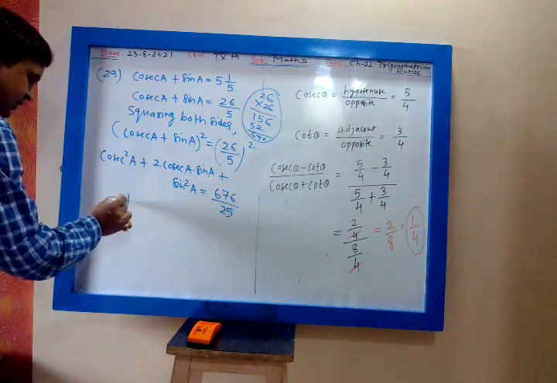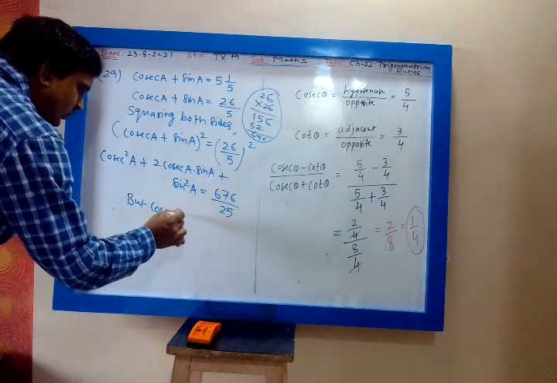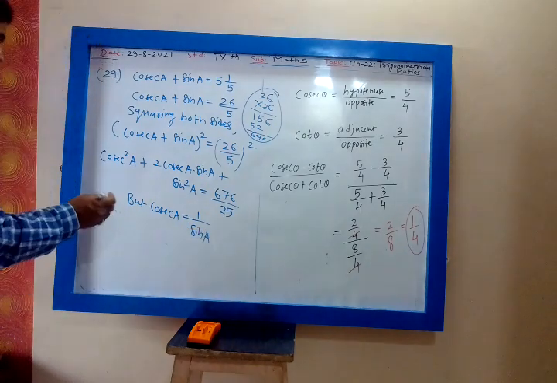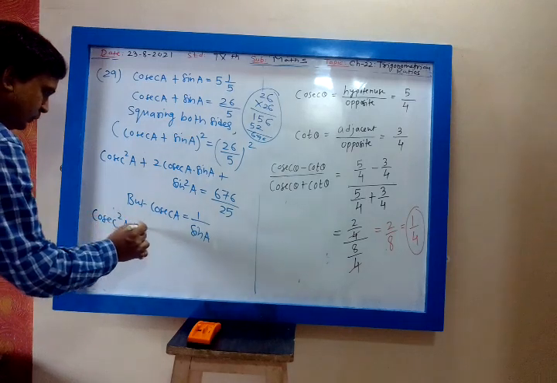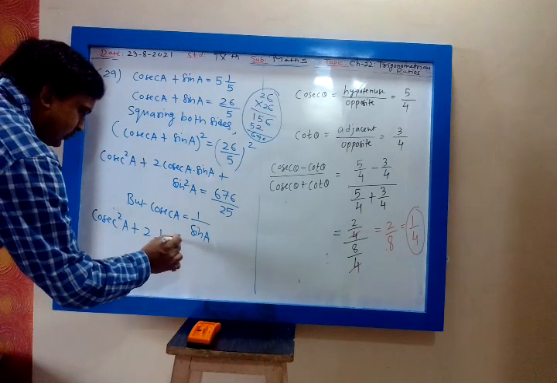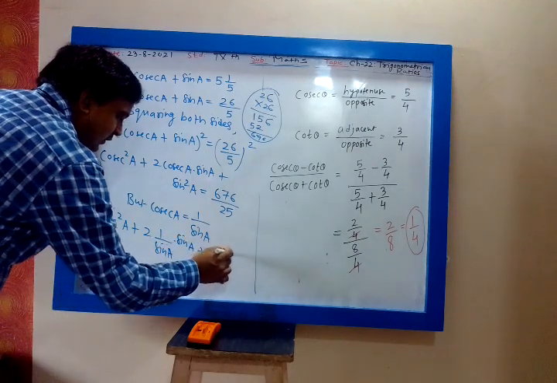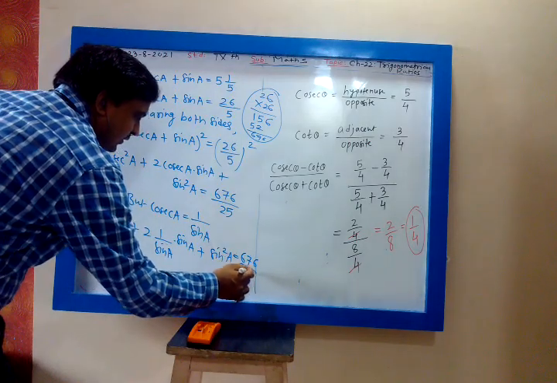But cosec A is the reciprocal of sin A. So cosec square A plus 2 into 1 upon sin A into sin A plus sin square A is equal to 676 upon 25.